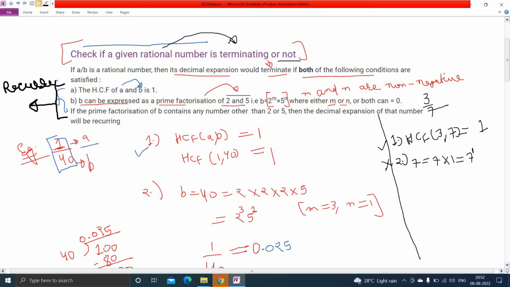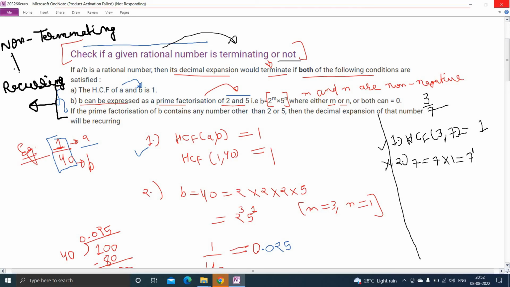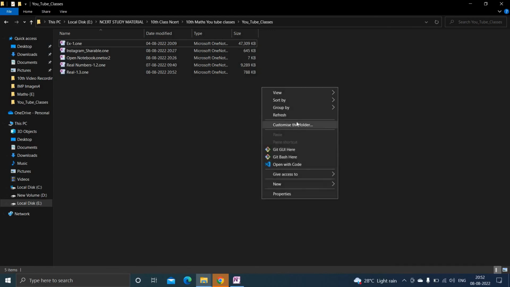Recurring. Non-terminating decimals, but they will be recurring, which means they will repeat themselves. Non-terminating and it will be recurring, and that will be the recurring part.